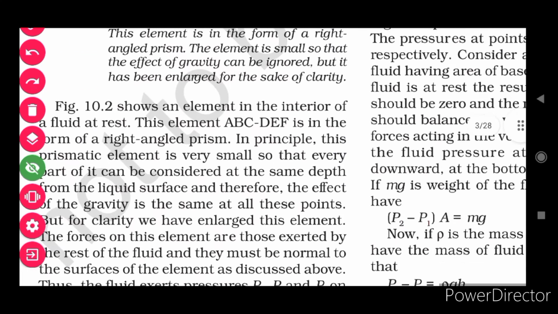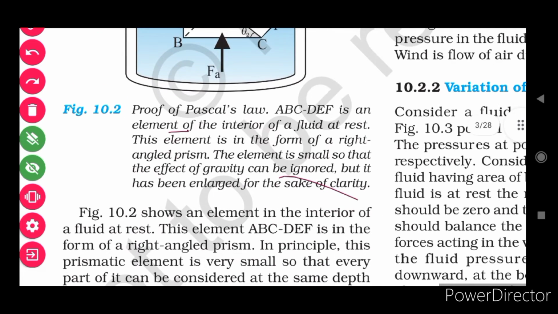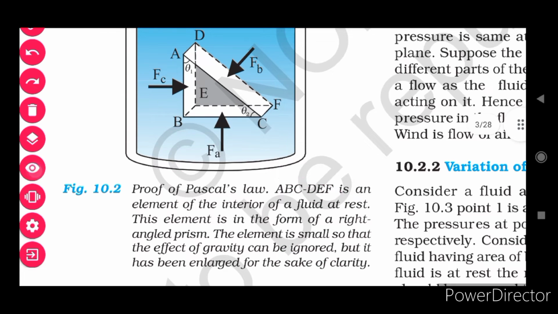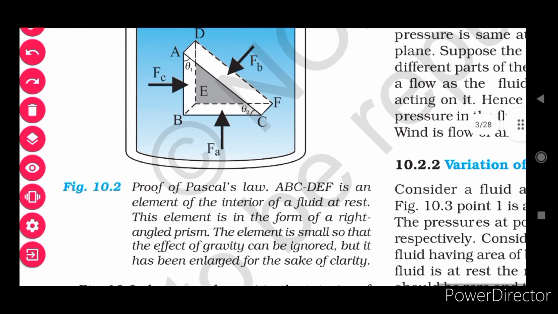This is the inside of a fluid, and we have considered an element. In principle, this prismatic element is very small, so that every part of it can be considered at the same depth from the liquid surface, and therefore the effect of gravity is the same at all these points. In the figure they have drawn it a little bigger, but we have to consider it a very small element, so all points are at the same height.